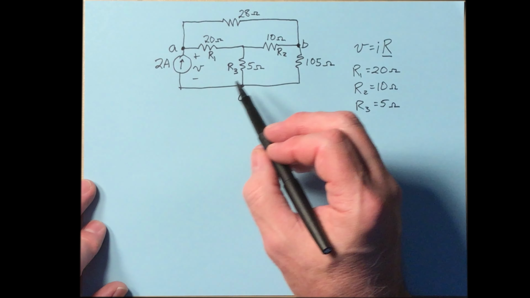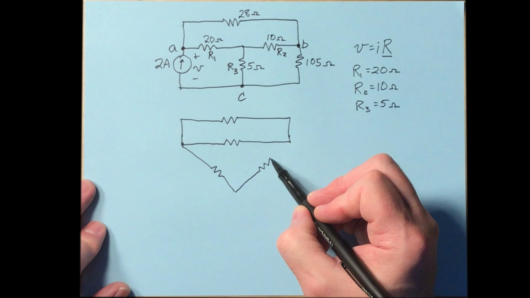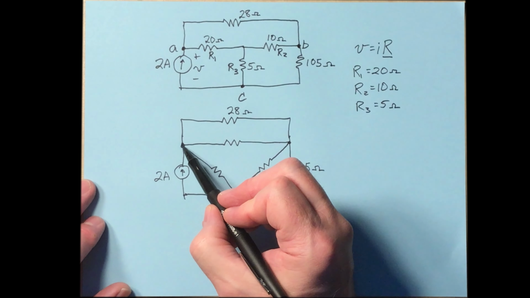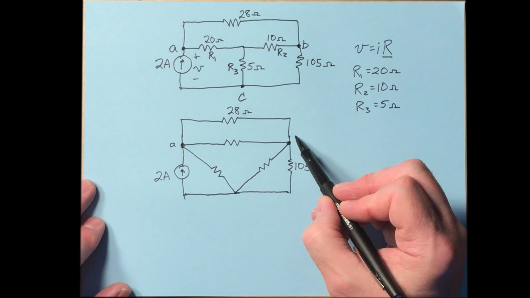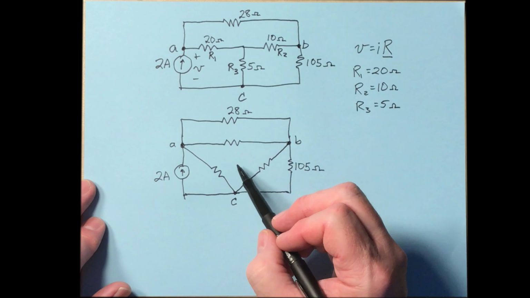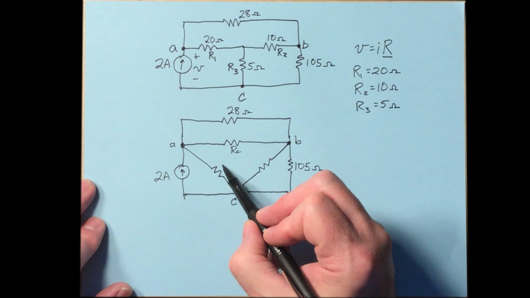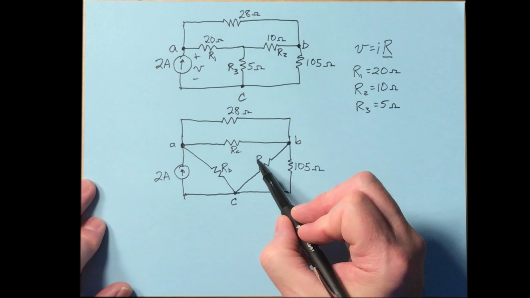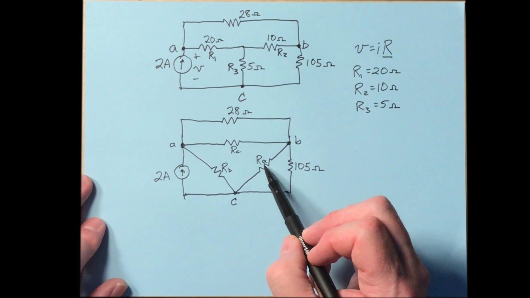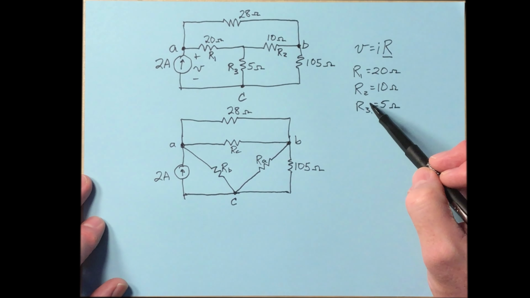Now let's redraw that and see what it would look like as a delta. There, this is still terminal A, this is still terminal B, and this is still terminal C. But at this stage, this is now R sub C, this one is R sub B, and this one is R sub A. Now we'll have to calculate the values for our R_A, R_B, and R_C, given R1, R2, and R3 here, but we can do that.